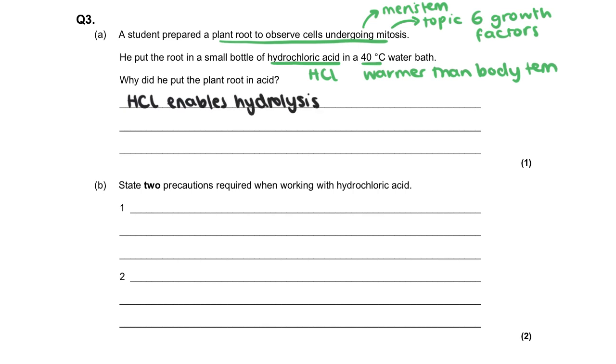Okay, so it enables hydrolysis of the phospholipids themselves, and therefore breaks down the cell walls, breaks down the cell itself, and allows stains and things like that to get into our cells. So it enables hydrolysis of the cell wall. So we're going to hydrolyse those bonds between the cellulose, those glycosidic bonds, and this in turn is going to enable the stain to enter the cell.